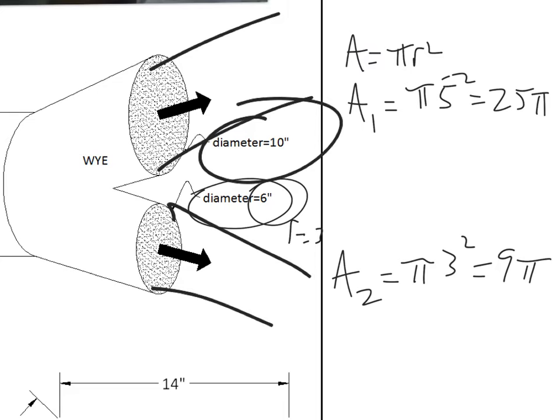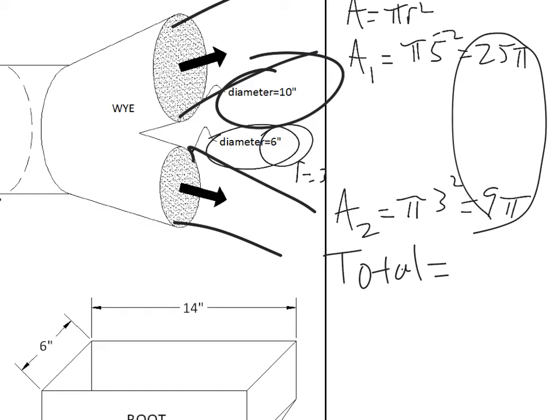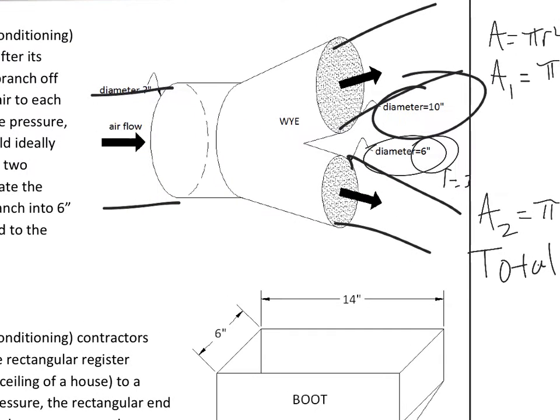Now we've got to find the total area. And so that total area is going to be these two added together. If we add those two together, we get 34 pi. Okay, so what you need to do, and I'm going to leave the rest here for you, is find the radius here and actually find the diameter in the end so that this area is exactly the same.